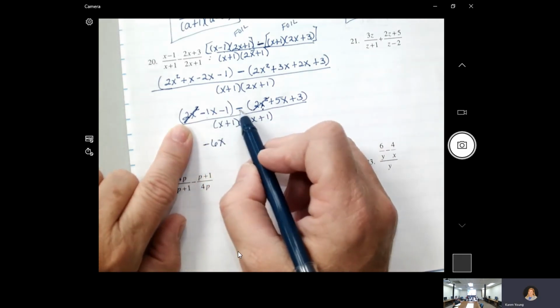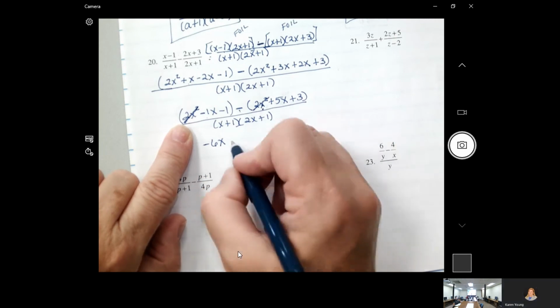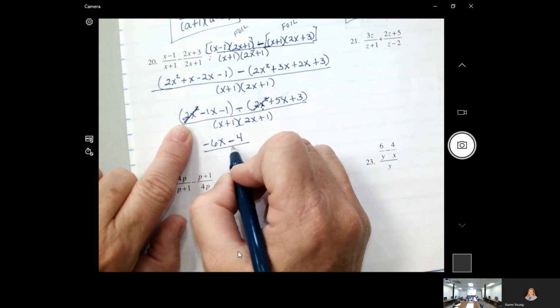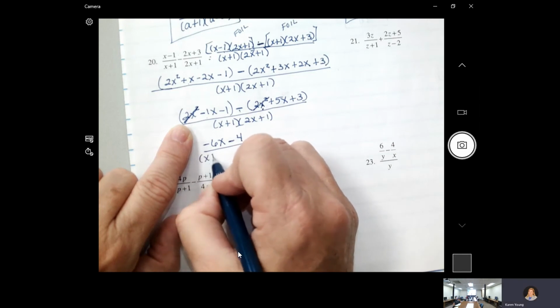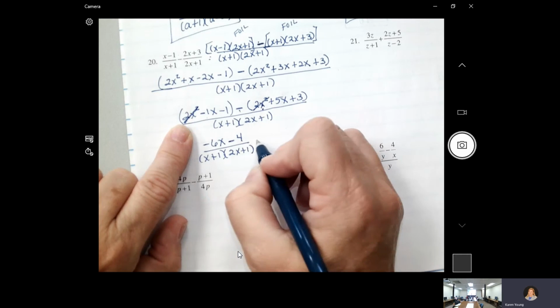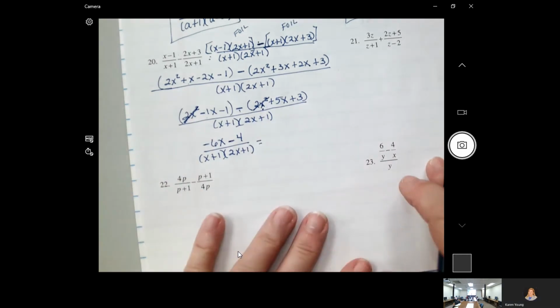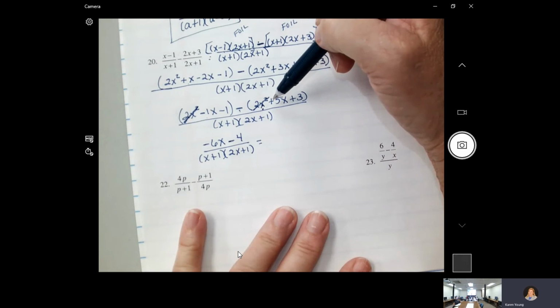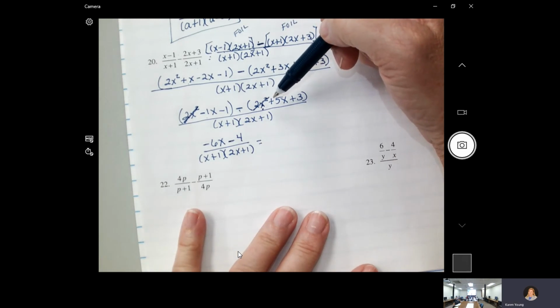Then I have negative 1 minus 3. Negative 1 minus 3 is negative 4 over x plus 1, 2x plus 1. If I do negative 1 minus 5, same thing as saying negative 1 plus a negative 5. 1 and 5 is 6.